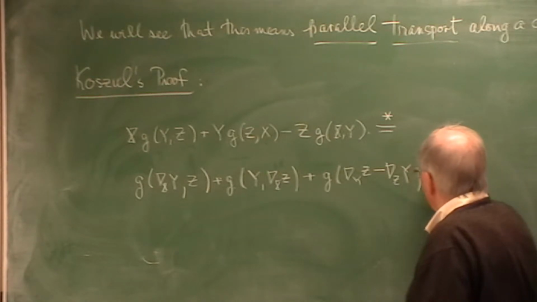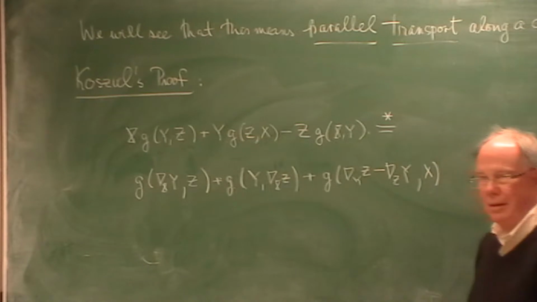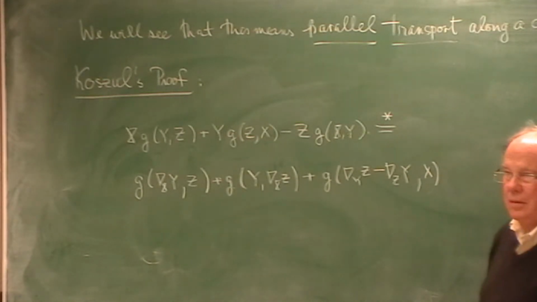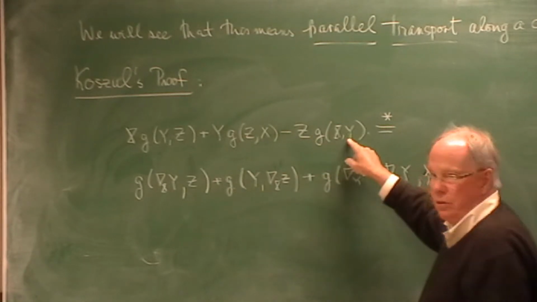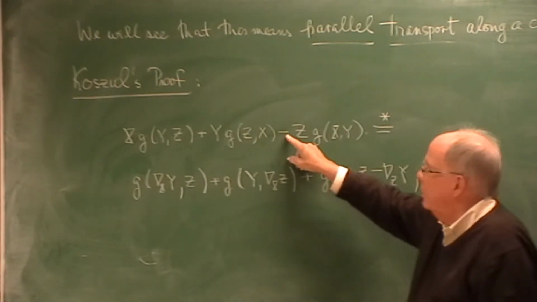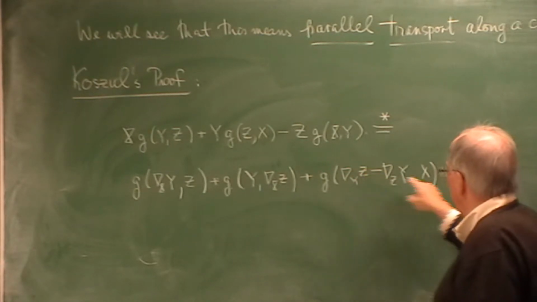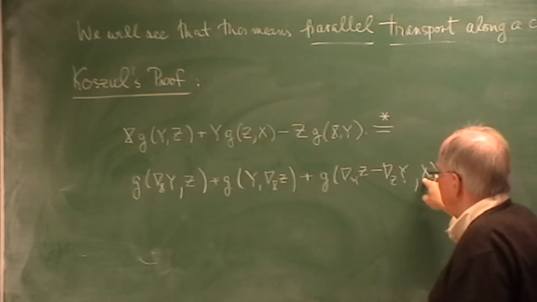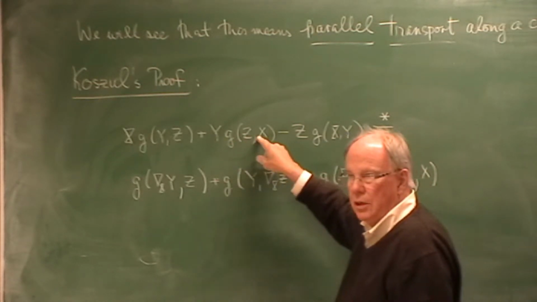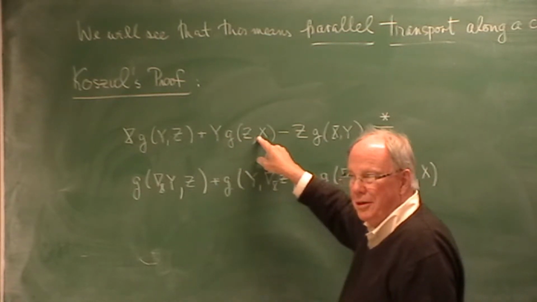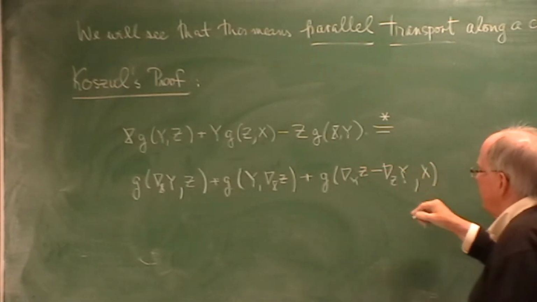Now, did I cheat? No, I don't think so. Do you agree with that? I told you you wouldn't like this. So I get nabla Z of Y here with a minus sign, and X. And here I have nabla Y of Z with a plus sign, X. So I've taken care of one minus sign.